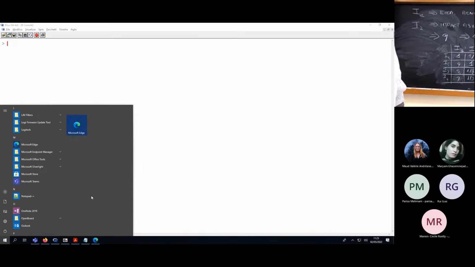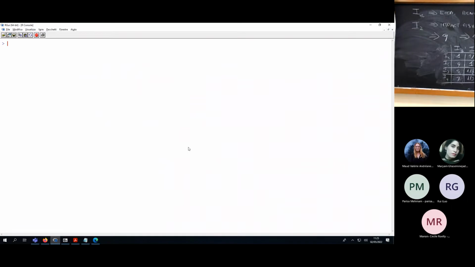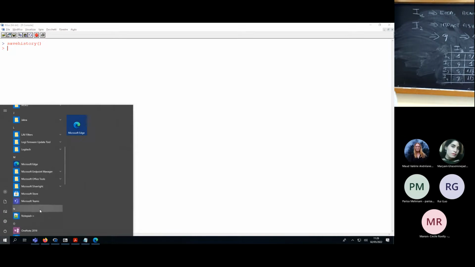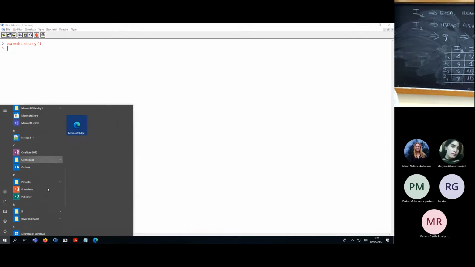Let me try to open them, but the history is not saved yet. Okay, let me try to make save history. And just 1 second. Now I try to open the history file. In this way, I can browse it.